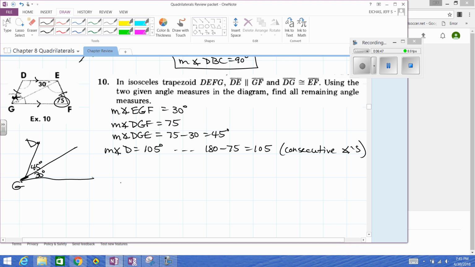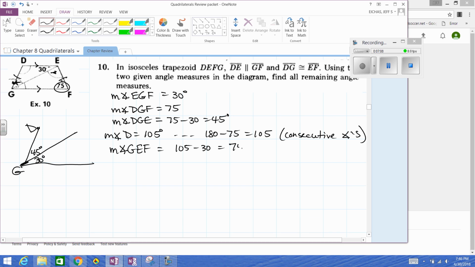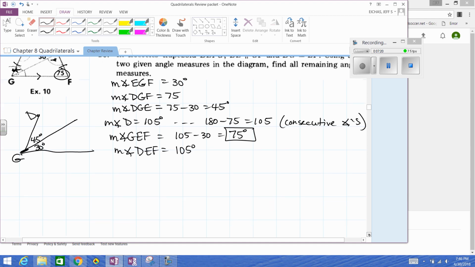Anything else? Probably they want this one. It's the only one I might be missing. So I'm just going to do 105 minus 30. So the measure of angle GEF happens to be 75. Maybe the measure of the big angle here, DEF, is 105 because it's isosceles. All right, good enough. That should be all of them.